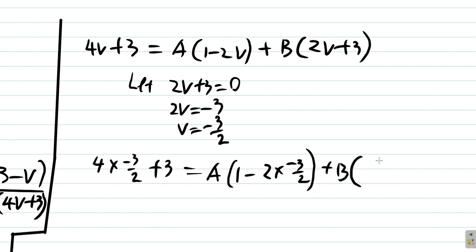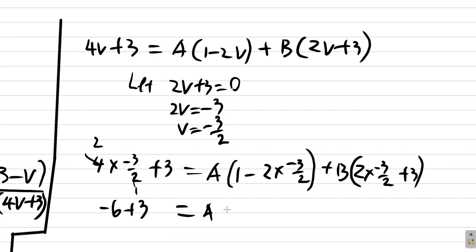I know this is going to be 0 anyway. 2 into 4 is 2, 2 by negative 3 is negative 6. Negative 6 plus 3 equals a times 1 minus, well, it's a minus and a negative, so it will end up as a plus. 2 cancels 2, so 1 plus 3.